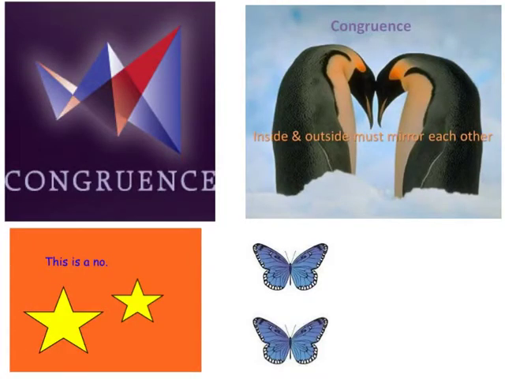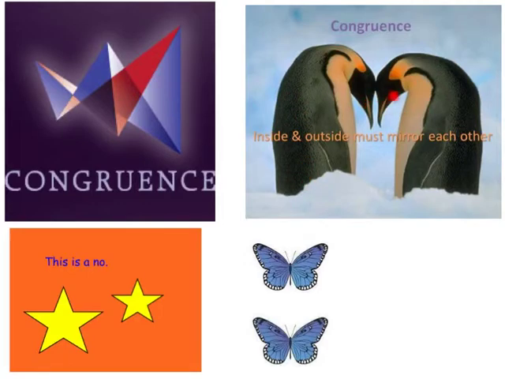Okay, so now let's talk about what congruence means. Congruence is like a mirror reflection of two things. So, like here, these two things are congruent because they're exactly mirror objects of the other.